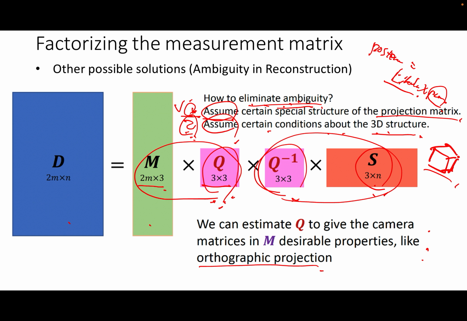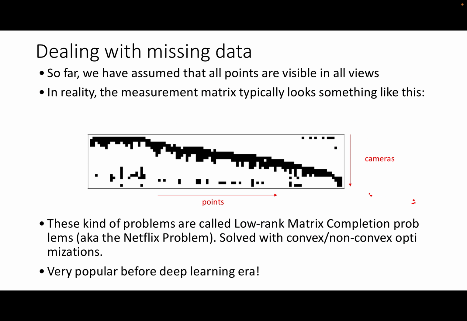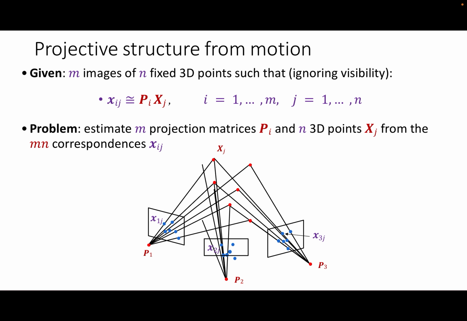So we'd like to use affine projection instead of perspective projection to give some constraint to the camera matrix M. That is the motivation of affine SfM. What we do in affine SfM, instead of using the perspective projection matrix, is use the affine projection matrix.